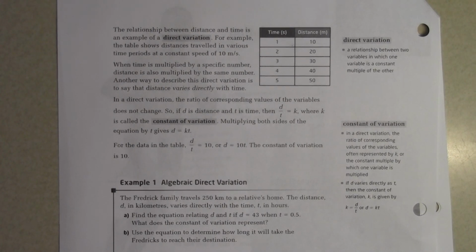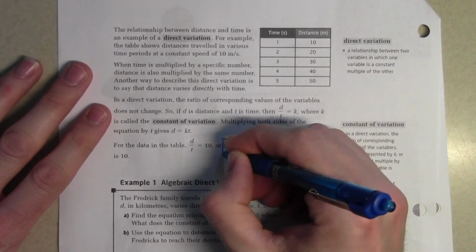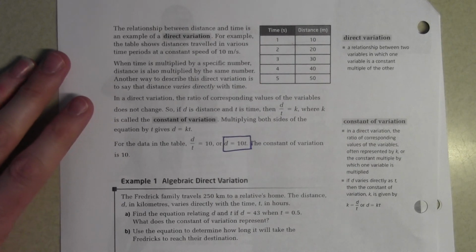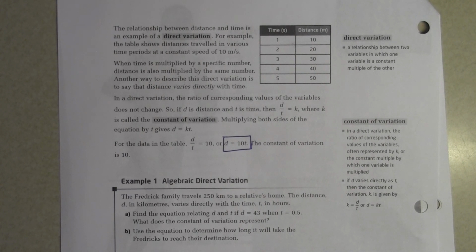Direct variation, a relationship between two variables in which one variable is a constant multiple of the other. So again, direct variation looks like an equation that looks like this. Okay? Constant of variation. In a direct variation, the ratio of corresponding values of the variables, often represented by k, or the constant multiple by which one variable is multiplied.